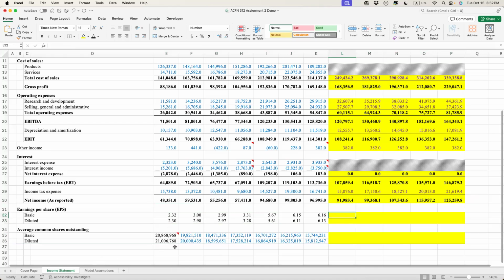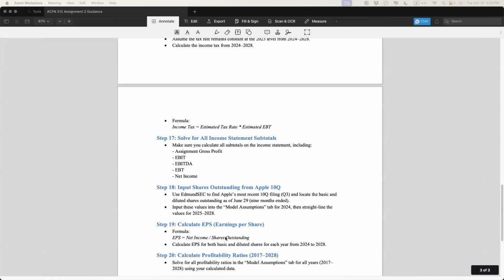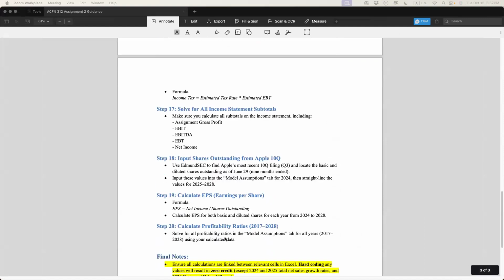Okay. So for our example here for Apple, there are many ways to gather those future years projections on the shares outstanding. What I recommend is to use the EDGAR SEC to find the most recent 10Q, which would be Q3. Locate the basic and diluted shares outstanding as of January 29th, which is the 9 months ended.